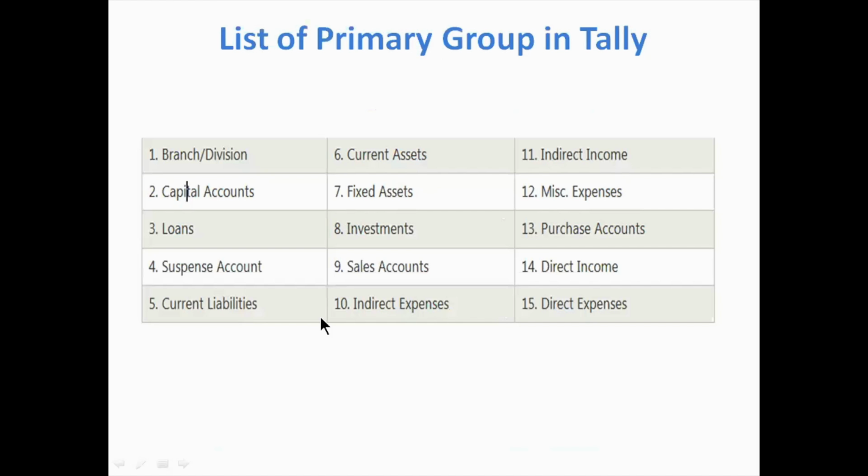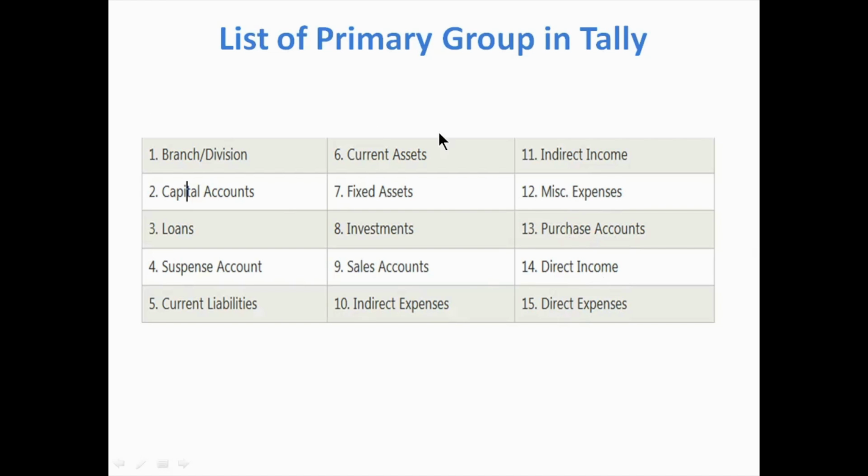So which are the primary groups? These are the 15 primary groups: branch, division, capital account, loan, suspense account, current liability, current asset, fixed asset, investment, sales account, indirect expenses account, indirect income account, miscellaneous expense account, purchase account, indirect income and direct expense.